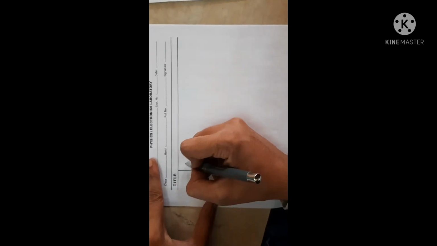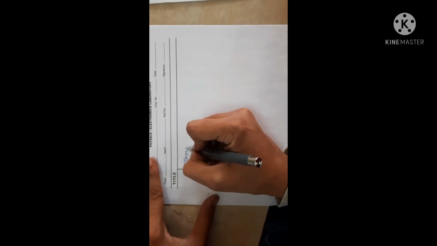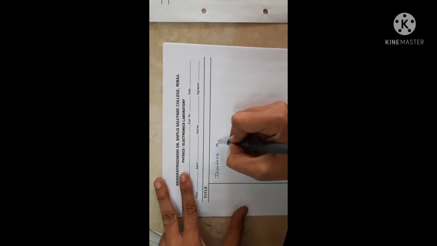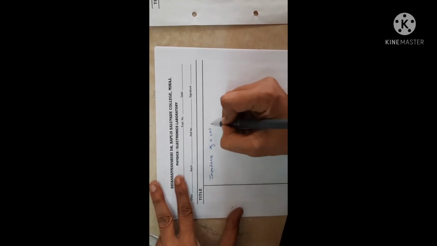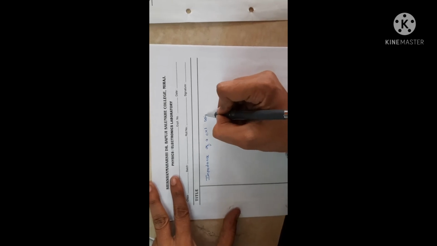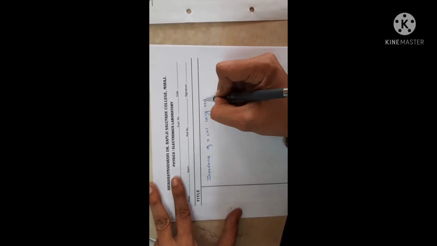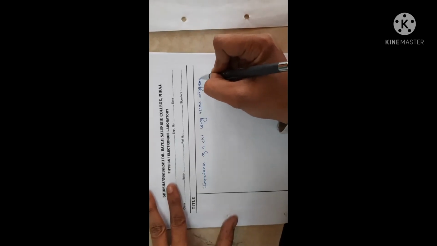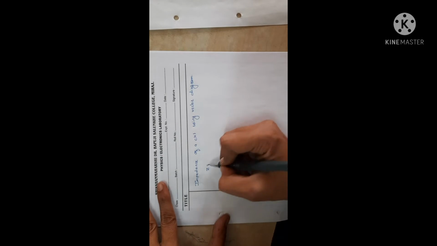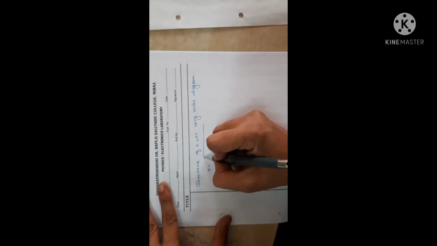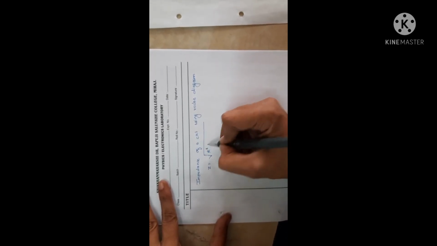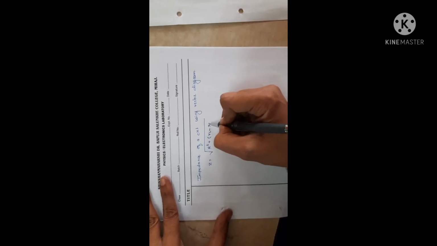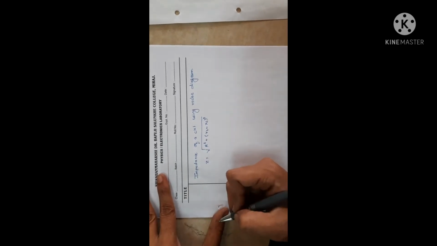Now I am going to calculate the impedance of the circuit using the vector diagram. The formula is Z equal to under root R square plus XL minus XC bracket square.